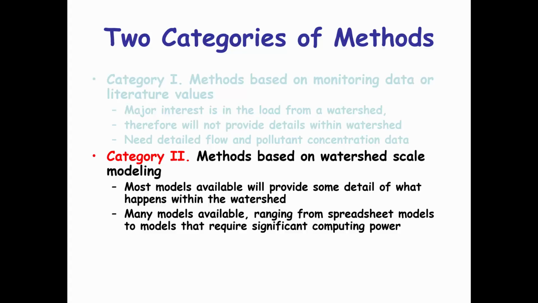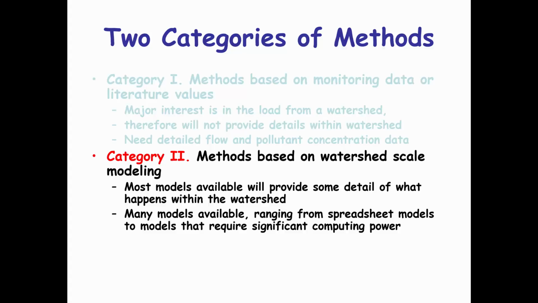For instance, a model might break up a watershed into different land uses, and from that be able to calculate the load coming from each of those land uses. The other thing is that among the models that are available, these range anywhere from simple spreadsheet models to models that require significant computing power.